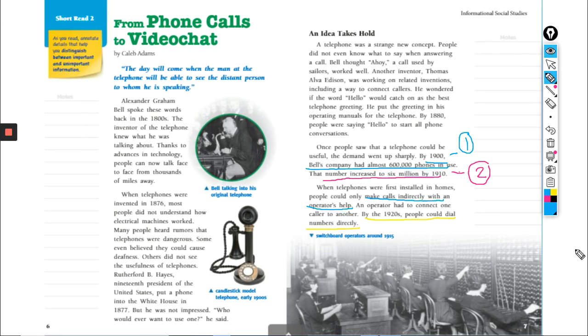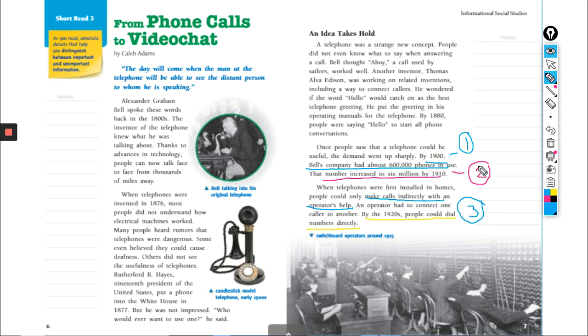So this is telling you another sequence, okay? And it shows you that sequence of more and more people using telephones and how it's advancing. So you go from starting at 1900, that year where 600,000 phones were in use, and then 6 million to 1910, and by 1920 people now could call who they wanted on their own.